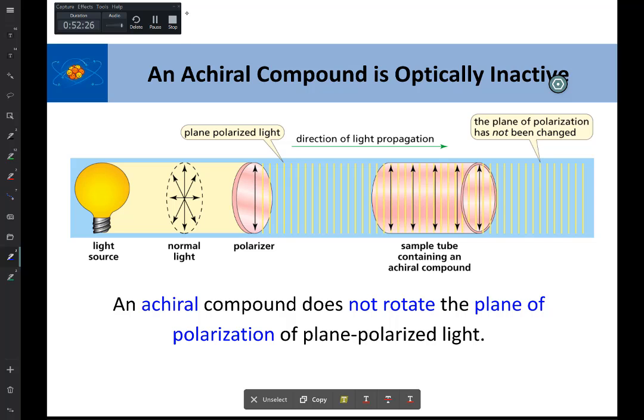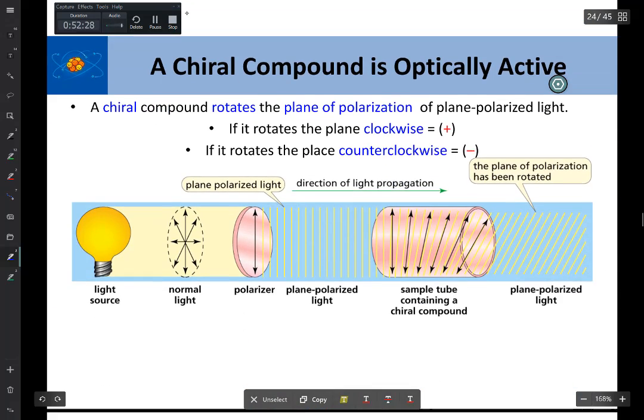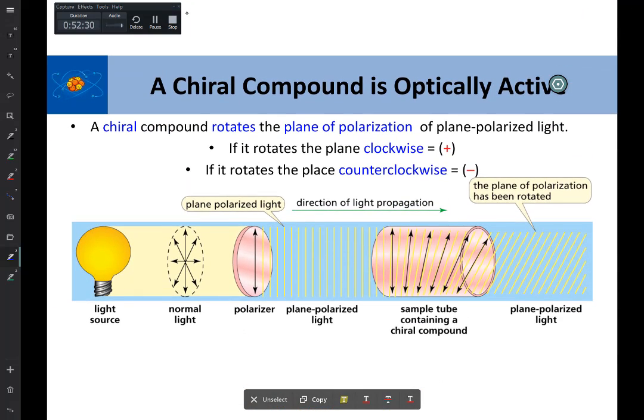Now, put a chiral compound in there, and you put one enantiomer in it, not both. Just one of the enantiomers of a chiral compound. What it will do is cause the plane of polarization to rotate as the light goes through. So it actually causes the electromagnetic wave to turn.